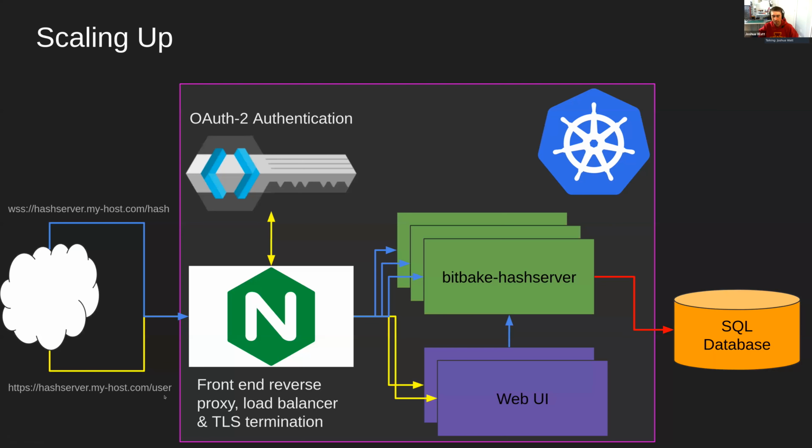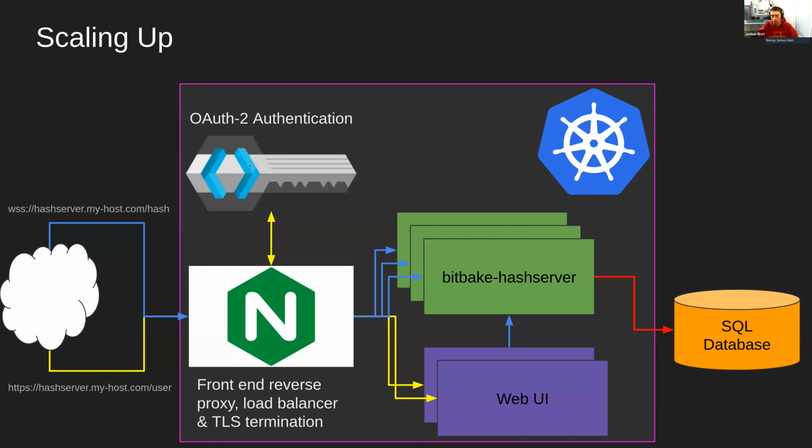And then they can also access the web UI using this HTTPS/user or whatever. And then that goes into your Nginx, your front end, your reverse proxy load balancer and TLS termination stuff, all that stuff that you kind of use with Kubernetes.